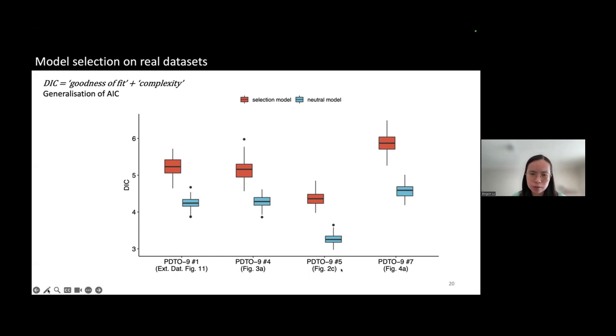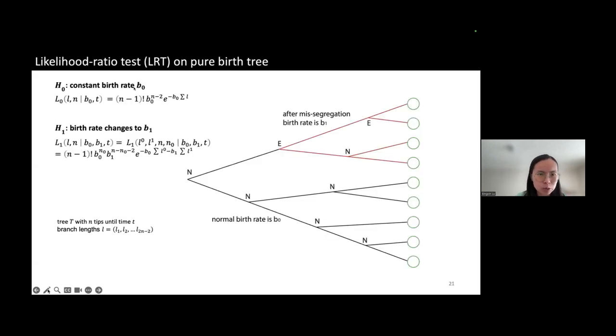However, we think this may be because of the limited data size. So we try to aggregate all the data sets and use likelihood ratio tests to look for evidence of negative selection.